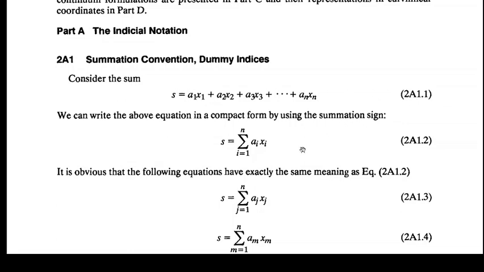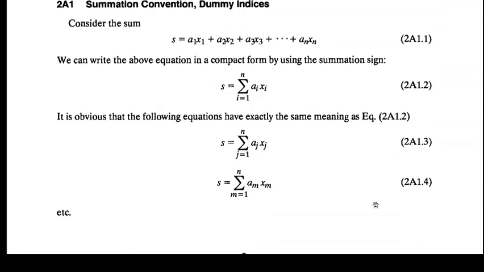Now if you write j instead of i, which is equation 2a.1.3, or instead of i you use the small letter m, which is 2a.1.4, then you can see that the meaning of this or this is the same.